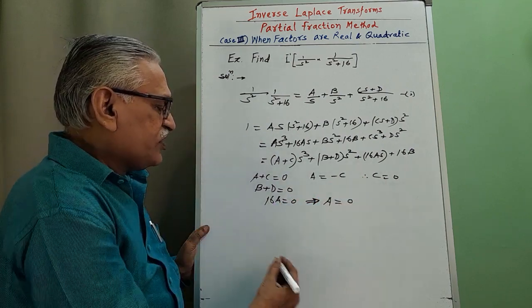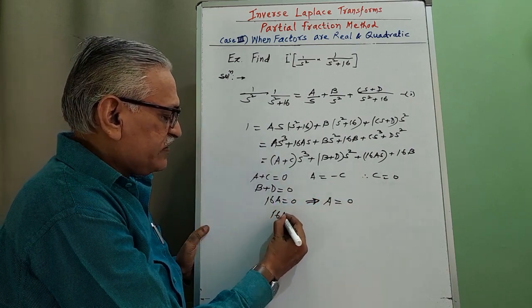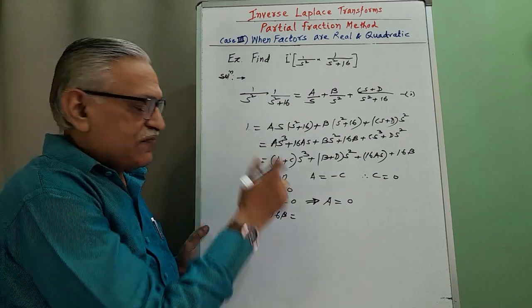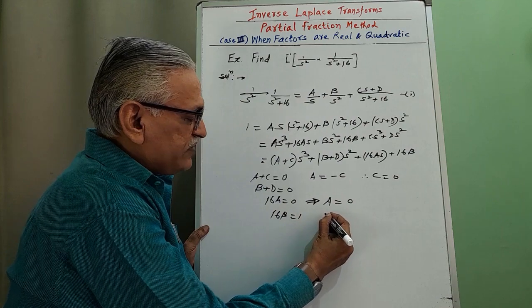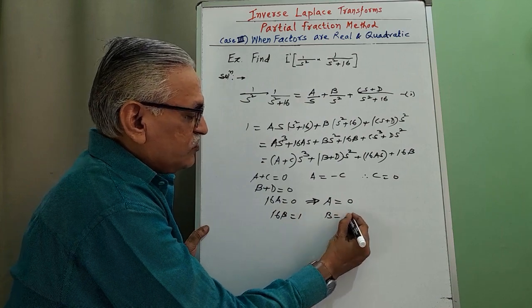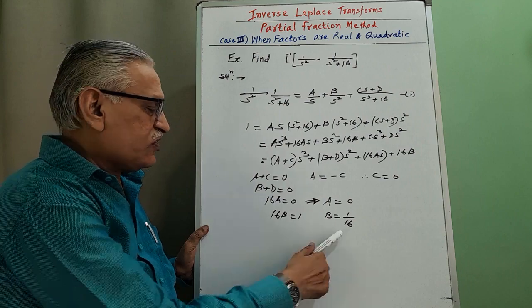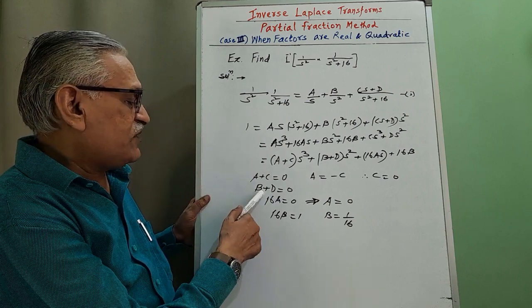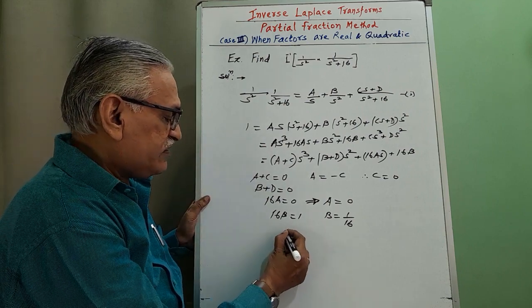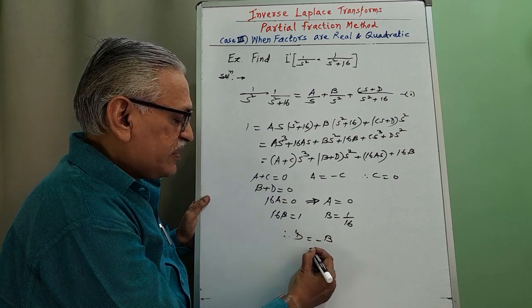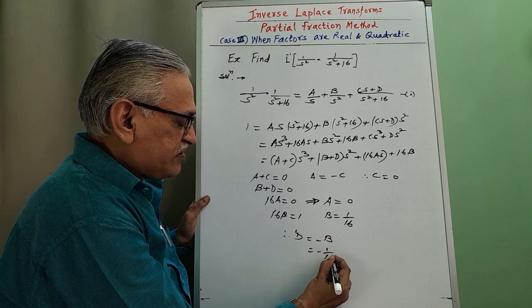Then constant term 16B is equal to the constant term on the left hand side, which is 1. It implies B is equal to 1 by 16. And if B is equal to 1 by 16, from this we get the value of D as minus B, and therefore it is minus 1 by 16.